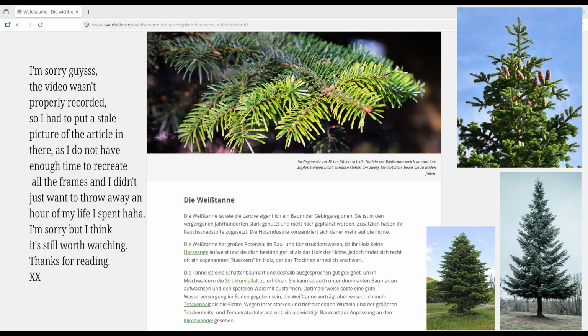Ein sogenannter, a so-called Nasskern, which means nass means wet or moist, but rather wet. Kern means core, so a wet core, you could say, which I think is referring to the Holzkern. I mean, it's definitely referring to that, but not this brand.